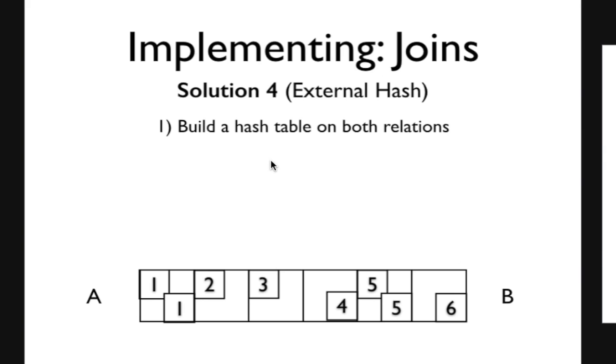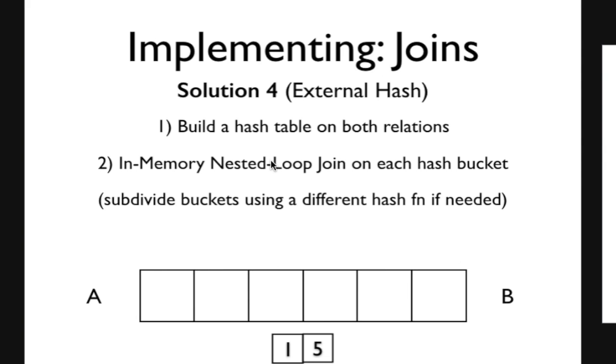So in this case, all of the ones fall into the same bucket. You can do a nested loop join over there, produce a one. You do a nested loop join over all of the other buckets. Eventually, you get to another bucket where there's an output, and you produce your final result. Questions about external hash join?